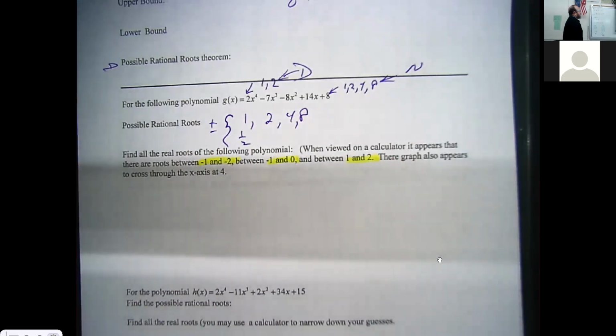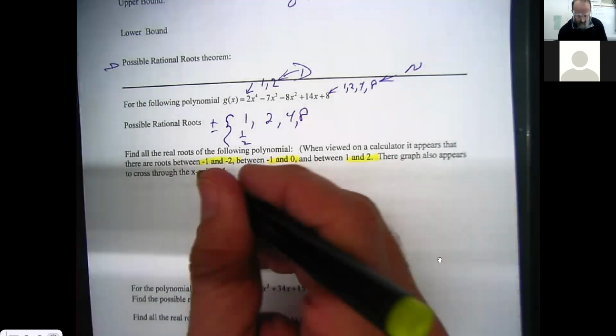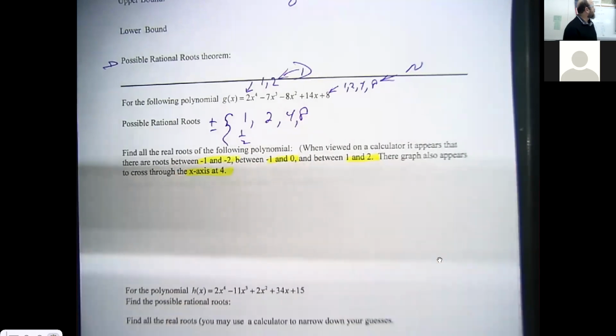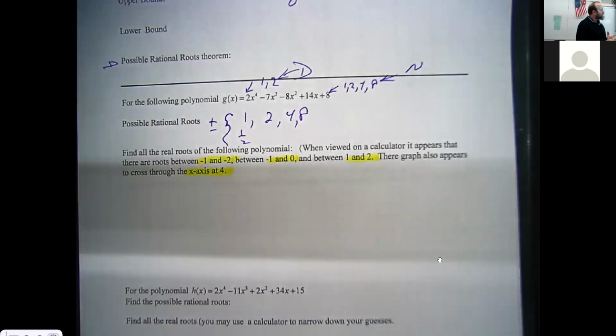So here's the thing. What degree is this polynomial? It's a 4th degree, so how many roots can there be? There can be as many as 4. Oh, and by the way, there's one more. It says it actually hit the axis at precisely x equals 4. So let's see what we can do.